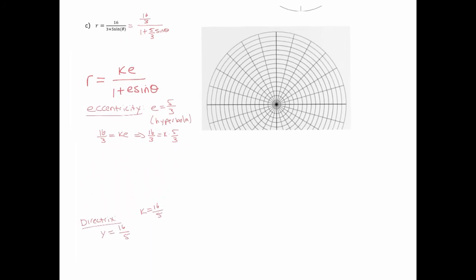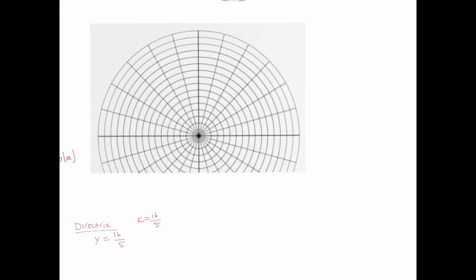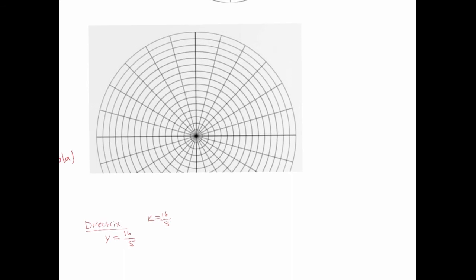So now we want to graph. So the first line of business is to get some good points. So we'll make our standard table. I'm going to get rid of this here. So I'm going to make my standard table here.